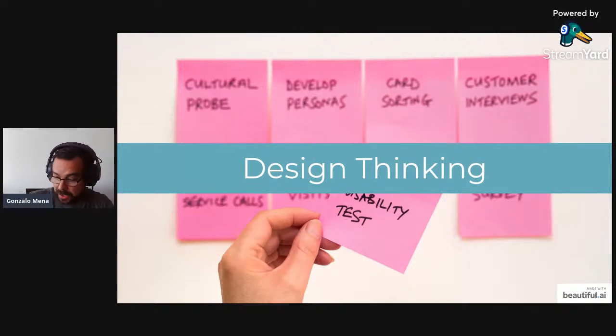Today we're going to be jumping directly into what design thinking is and the first stage. We talked last week, we did a bit of an introduction to this methodology that has been used by many great brands and creative people to create either products or services.